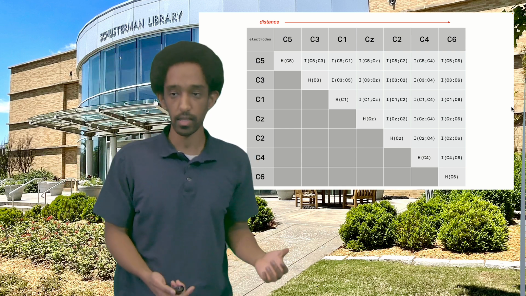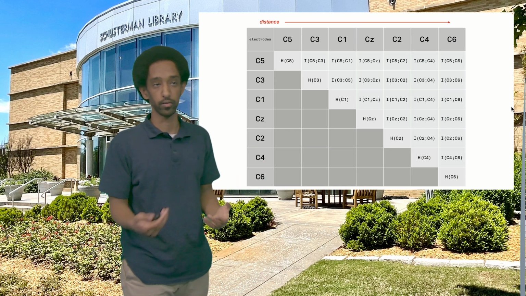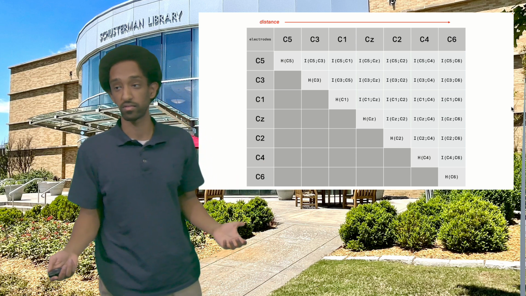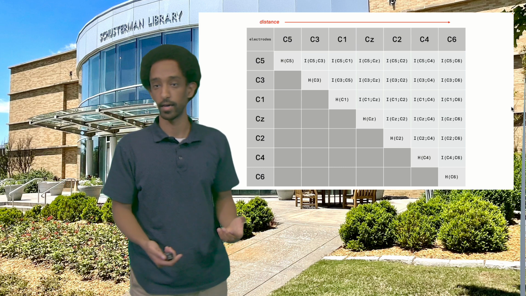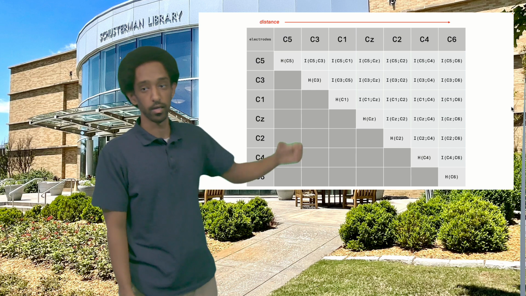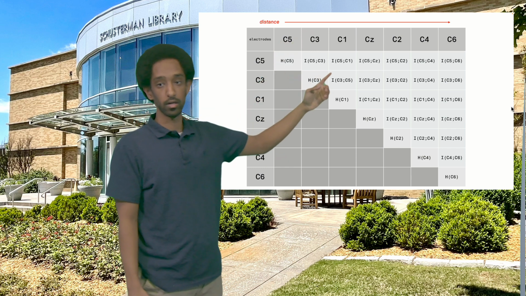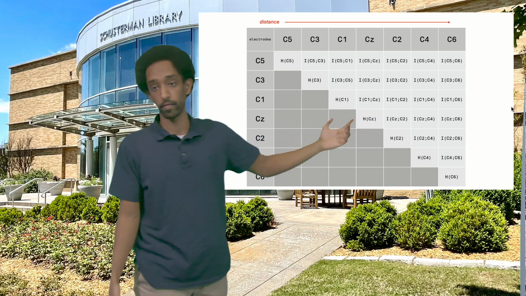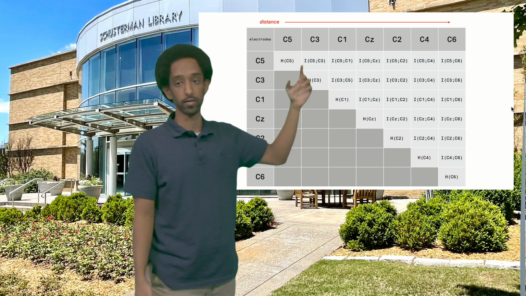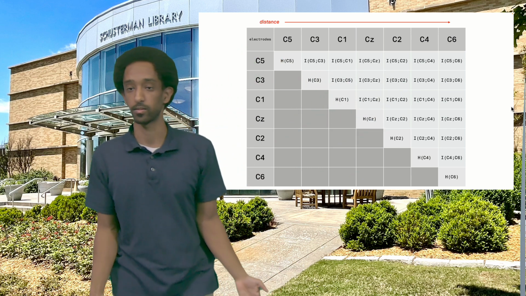And so electrodes that are closer to each other can also have more mutual information, because they have some of the same information. So you can expect that electrodes closer to the diagonal are going to have higher values than electrodes farther away from the diagonal. That's what we're expecting.